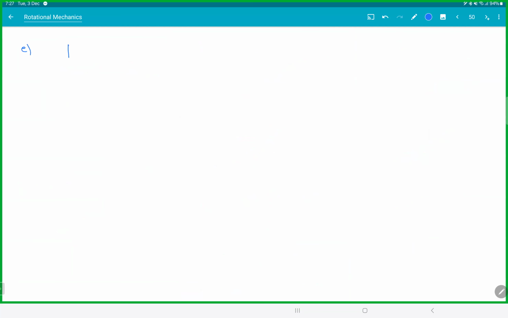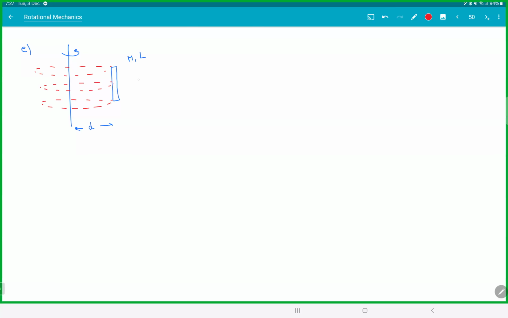What about this guy? This is the axis of rotation. We have a rod parallel to this thing, with mass M and length L. This is distance d. The rod is going like this.